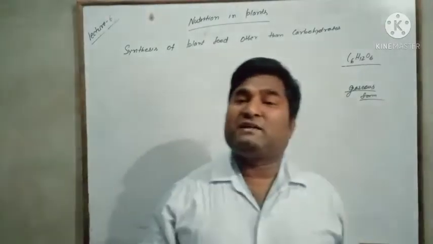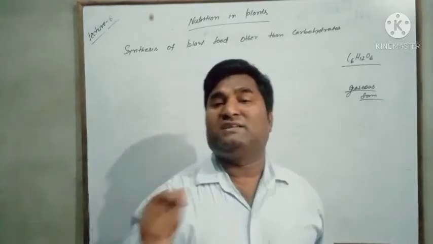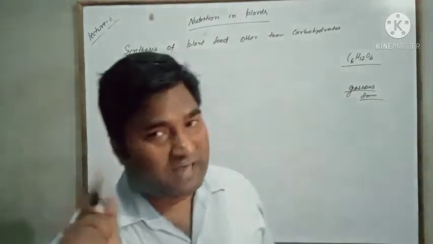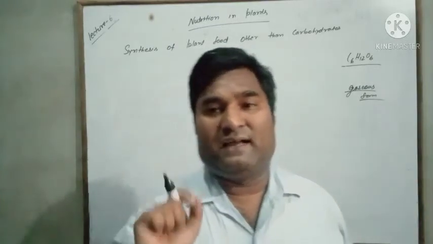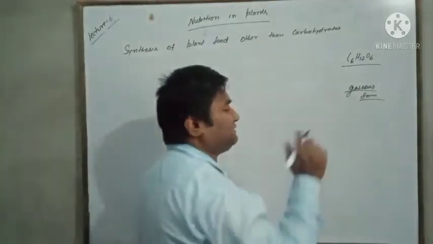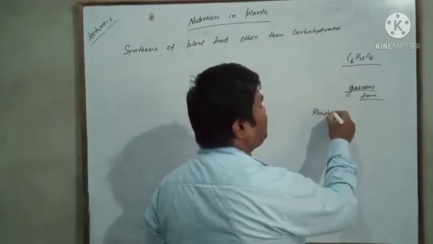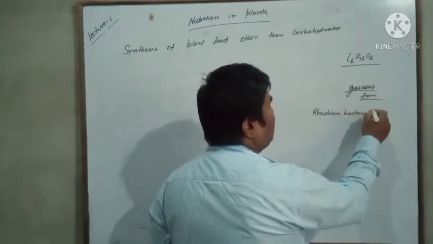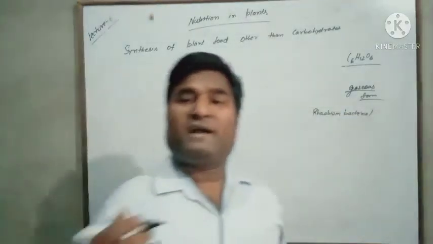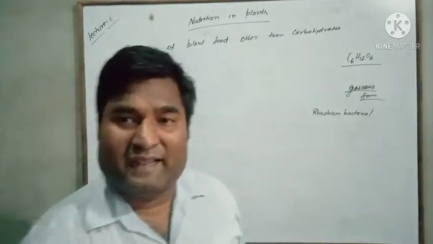For that, when you go into senior class, you will see the nitrogen cycle. For the time being, I will give you one thing only: in soil there is a bacteria whose name is Rhizobium, or one more bacteria is blue-green algae or cyanobacteria.